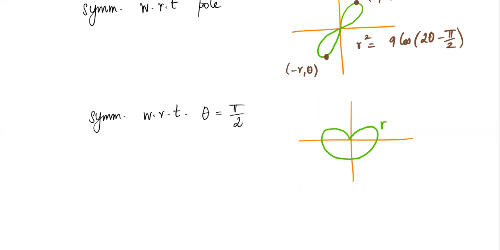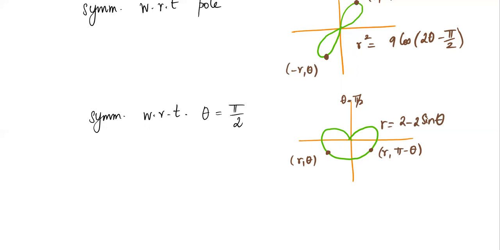All right, I'll just mark the symmetric points. So this is about pi over 2, so it's the vertical axis, right? So think of it as left-right reflection. (r, theta) here, (r, pi minus theta). This equation is r equals 2 minus 2 sine theta.